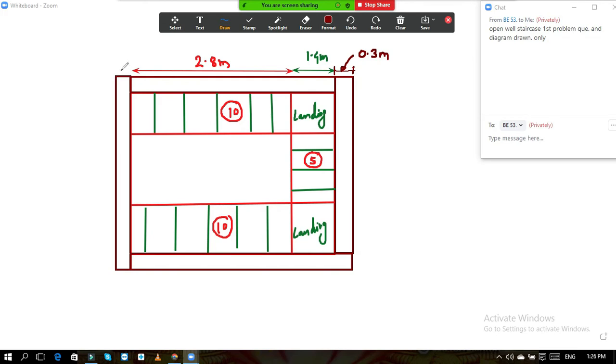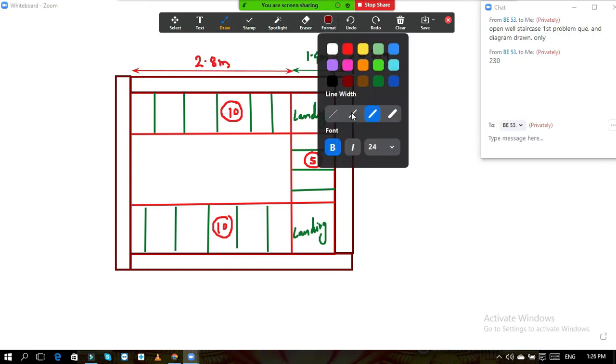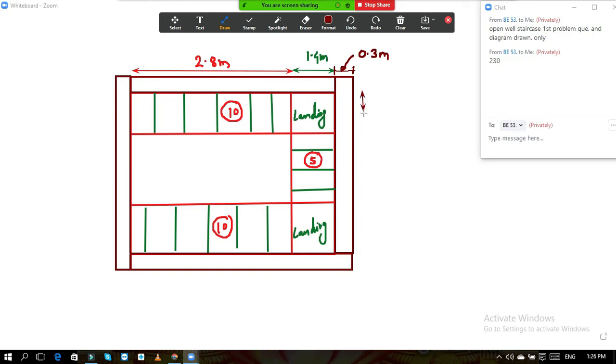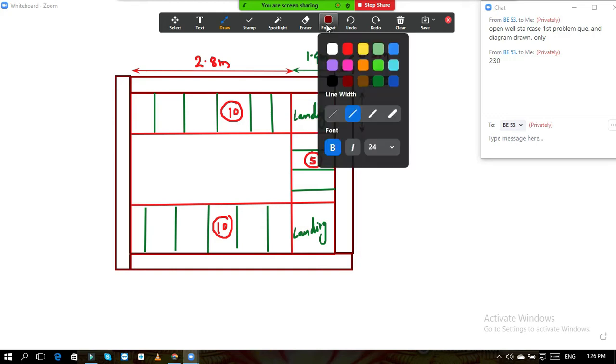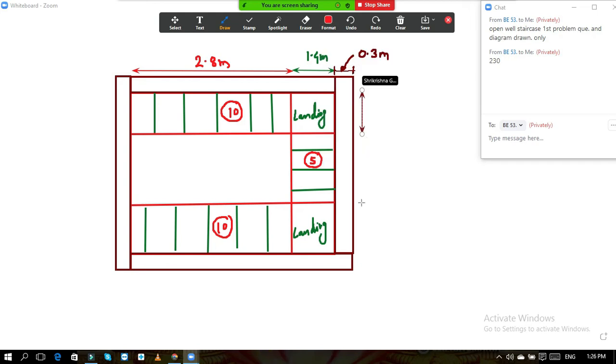In the similar way, if you see this side, I will quickly draw the arrows first from this point, the distance, again from here, and then from this point also. For this landing, it is again 1.4 meter.